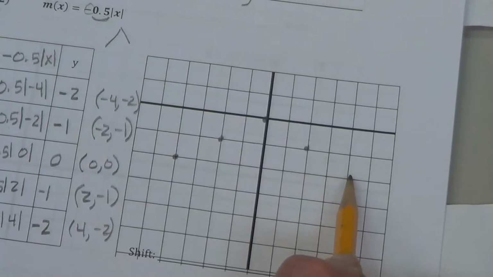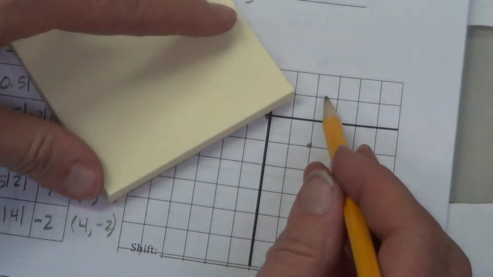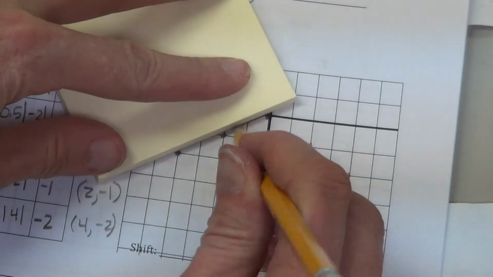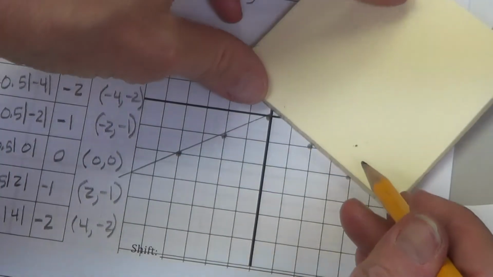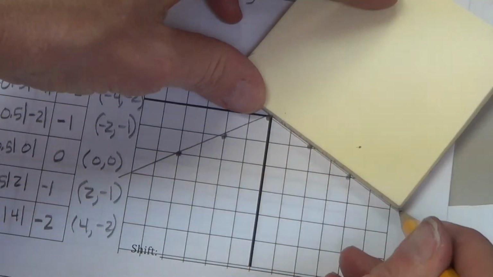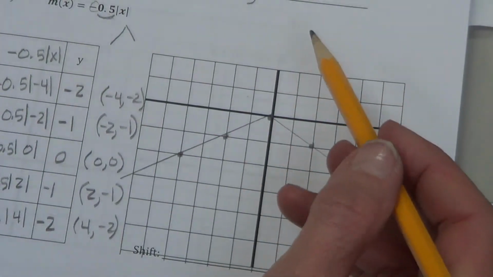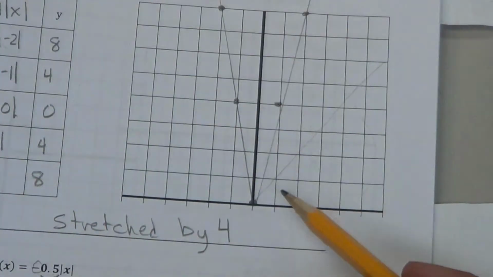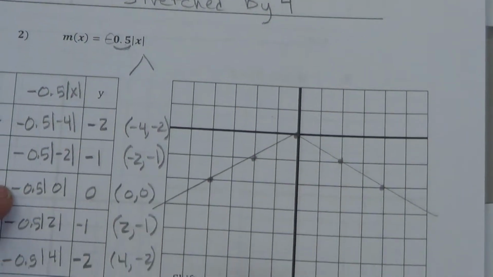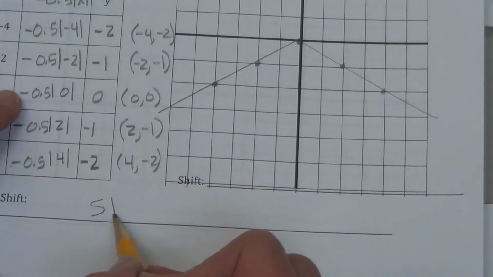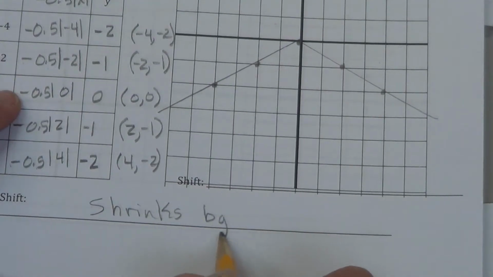And at +4, it's -2. We bring in a straight edge to complete that line, and we see that we've taken that parent graph and we've gotten it real wide now. Before we said that the 4x caused it to stretch, now we say it shrinks by 1/2.